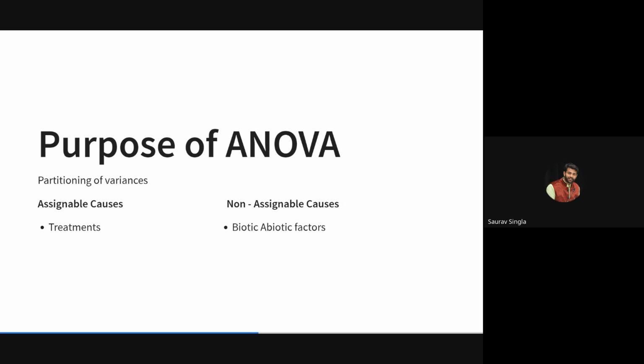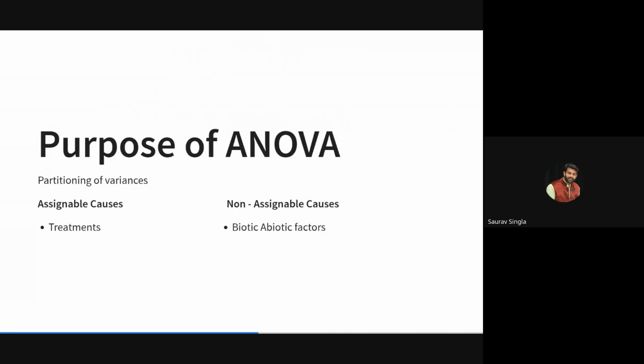While allocating the treatments to your plots, you allocated the treatment that you want to be better to the good plots, and the treatment that you do not want to be better you put into the bad plots.